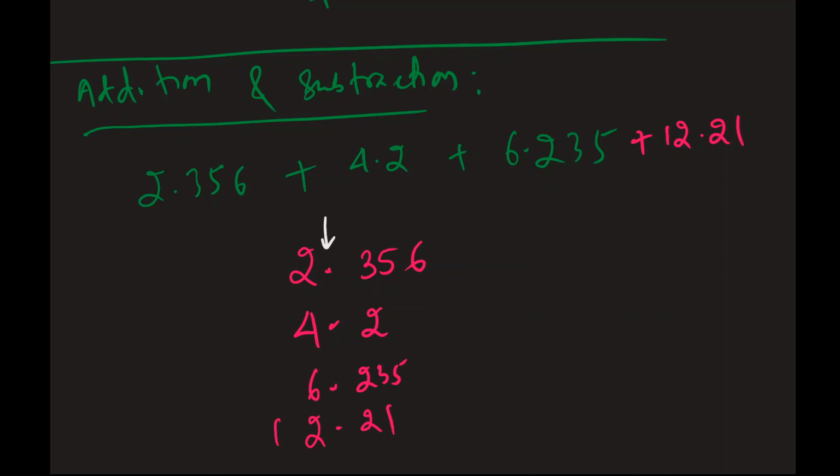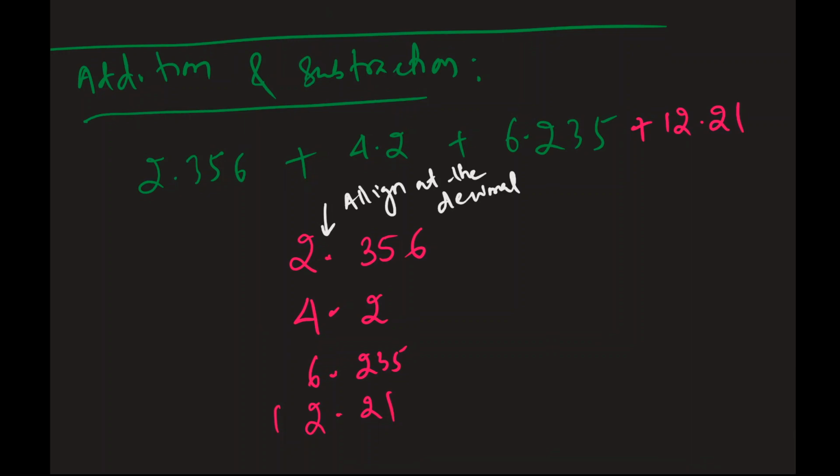Align at the decimal, and then count the number of figures after the decimal. So how many do we got after the decimal? 3 after the decimal. So all the zeros after decimals are counted, right?